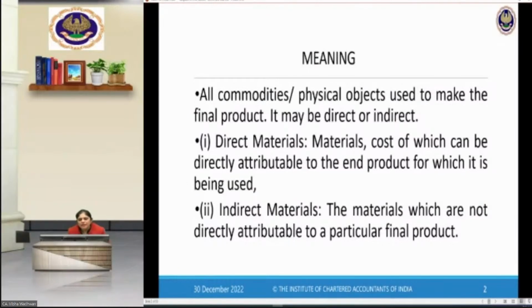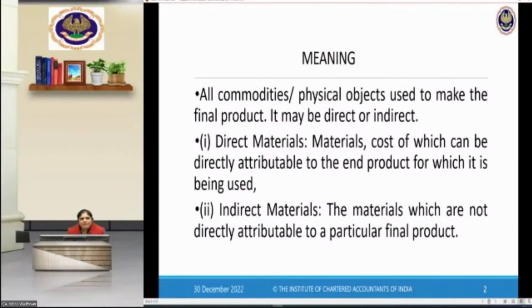Indirect materials are those which are not directly attributable. Of course, they are incurred for the product as a whole, but you cannot directly identify how much material is actually used in a particular product. So those are indirect material. As I explained in the introduction class, indirect material, indirect labor, and all those indirect expenses are part of overheads, because they cannot be directly allocated to a product.